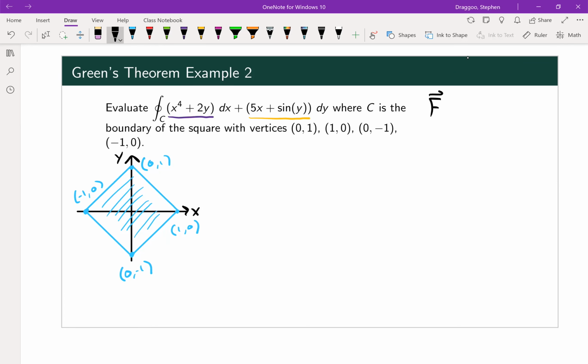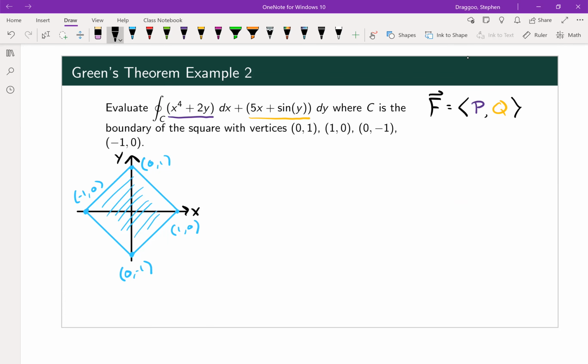So our vector field F is P for the x component and Q for the y component, or purple for x and yellow for y, to help use some color to keep track of what's going on.